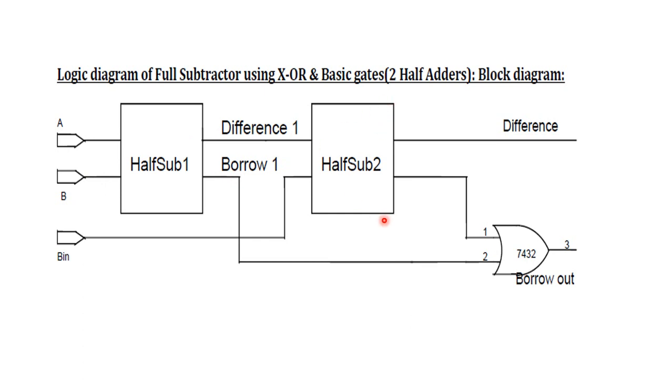For the second half subtractor circuit, one input is the difference 1 and the other input is Bin. The outputs of half subtractor 2 are the difference and borrow 2. Borrow 2 and borrow 1 are connected to the OR gate. So this is the logic diagram for the full subtractor using XOR gates.